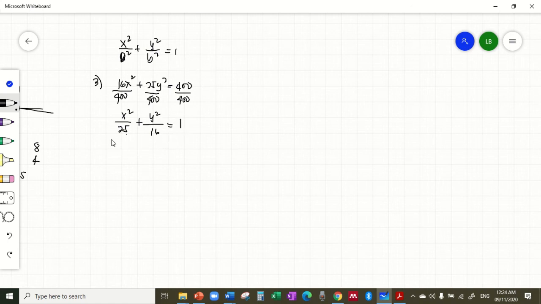So nasa form na tayo ng standard form ng equation. So here meron na tayong 25 is greater than 16. So yung ellipse natin ay pahiga or horizontal. So a squared equals 25 and then a equals 5.